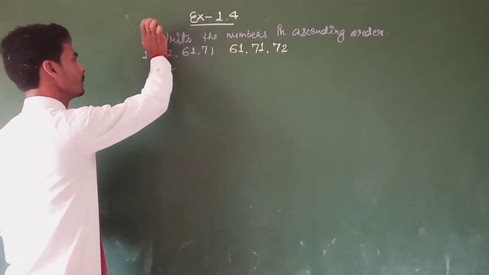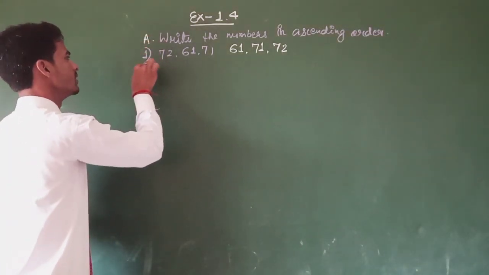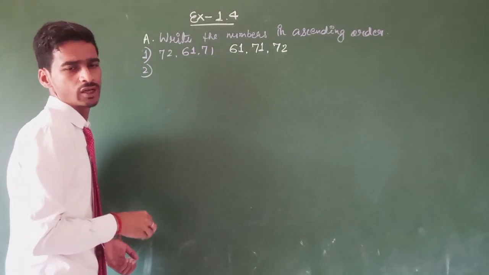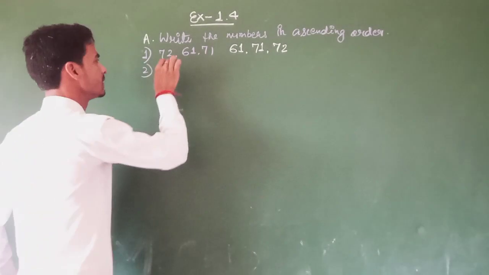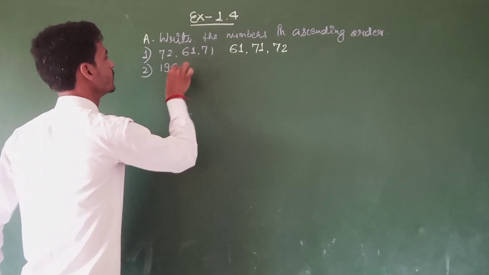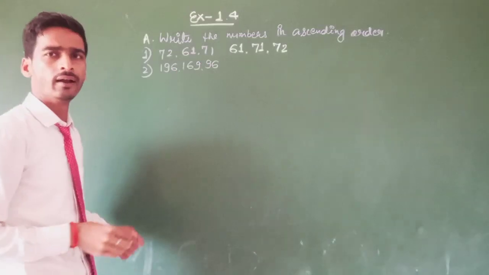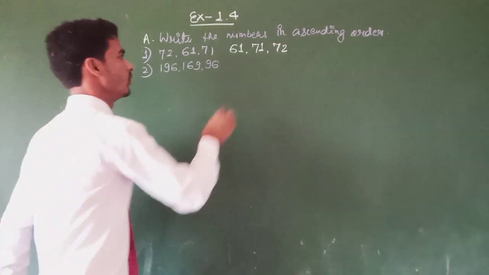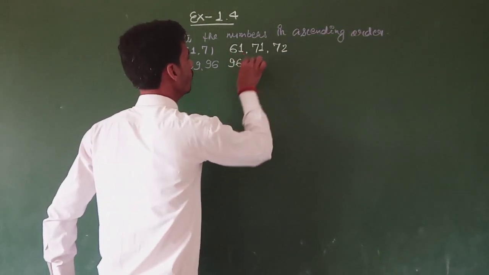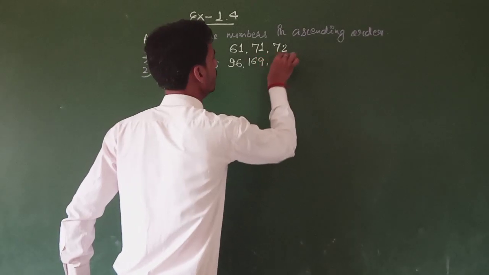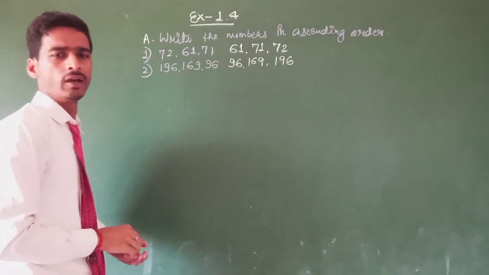Question number second is 196, 169 and 96. We know that 96 is smallest in all, so firstly we have to write 96, 169 and 196.